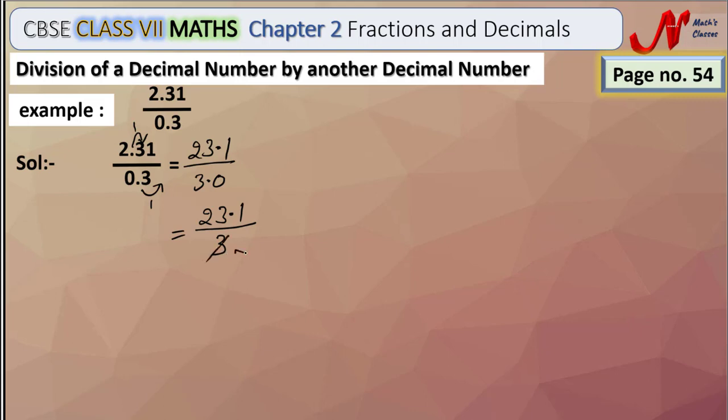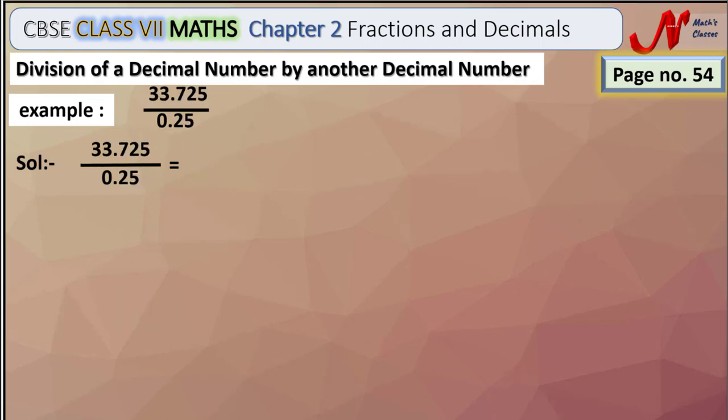By cancelling, 3 ones are 3, 3 sevens are 21, and here 2 remaining, so 3 sevens are 21. We get 7.7. Therefore 2.31 divided by 0.3 is equal to 7.7. Now we solve another example.